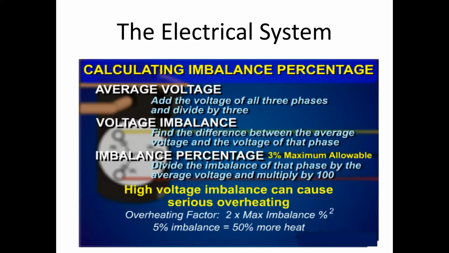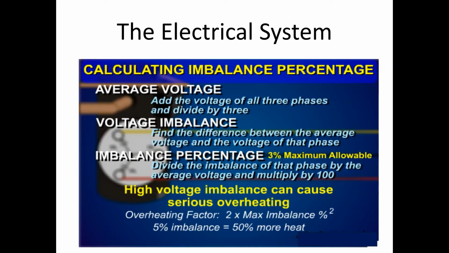So what does that mean? You would take voltage on all three legs, add that and divide by 3. Then if any one of those is more than 3% away from that, you have a voltage imbalance that's going to cause you a problem.